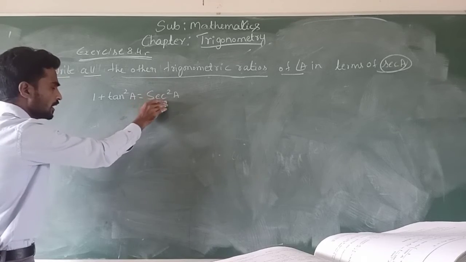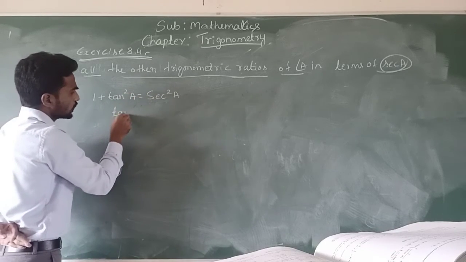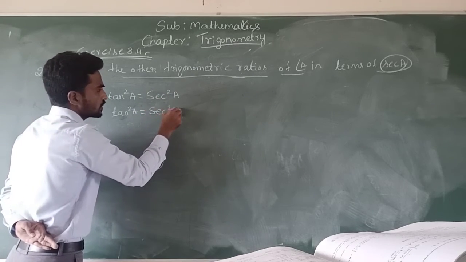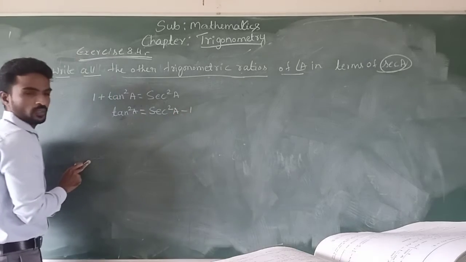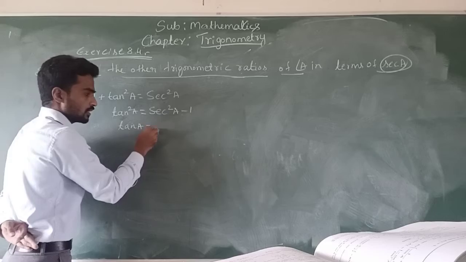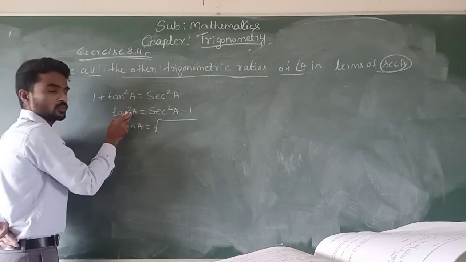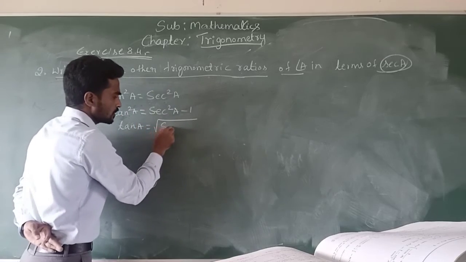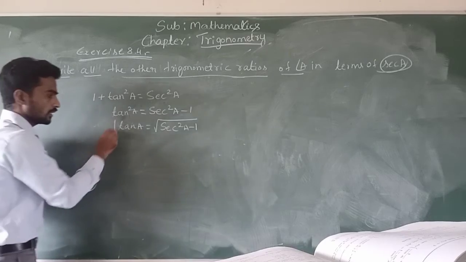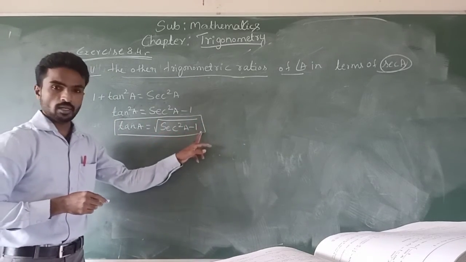By using this identity, tan square A is equal to, taking 1 to the right side, secant square A minus 1. Then taking the square root on both sides, tan A is equal to square root of secant square A minus 1.